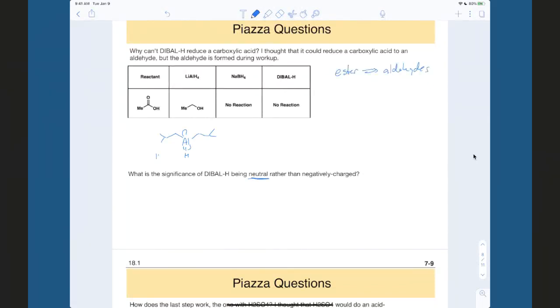So if we have a carboxylic acid come in, it'll first add its electrons into the aluminum. The aluminum will gain a formal negative charge, making this hydride more nucleophilic and more hydridic, but it also makes it much more basic.